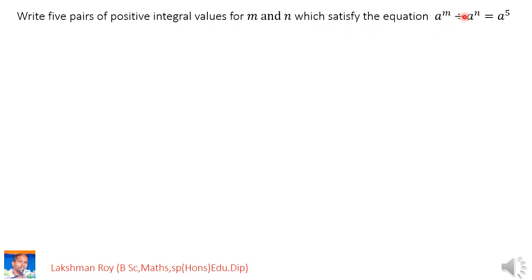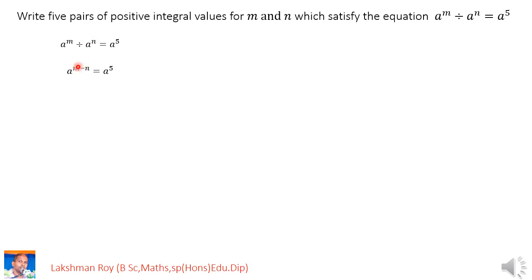So take the equation, students. This is the equation, a to the power m divided by a to the power n. If you see the left hand side, this is the division of powers, the quotient of powers. If you simplify, the base is the same, so one base a, with m subtract n. That is the index law.